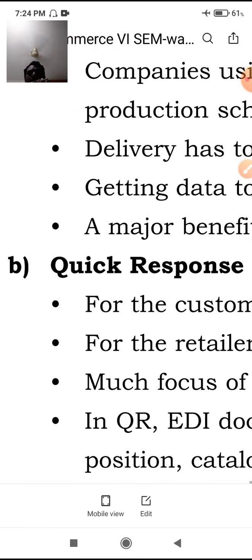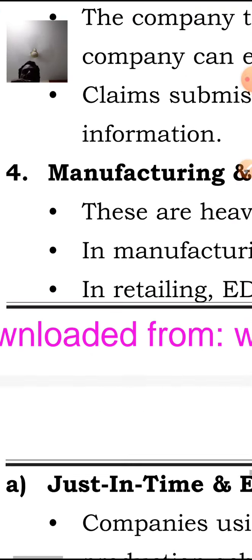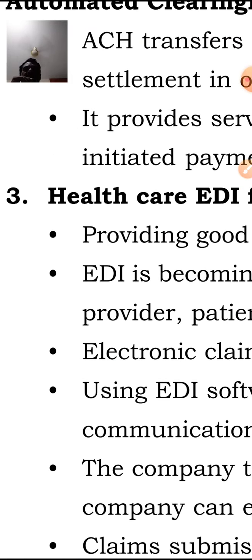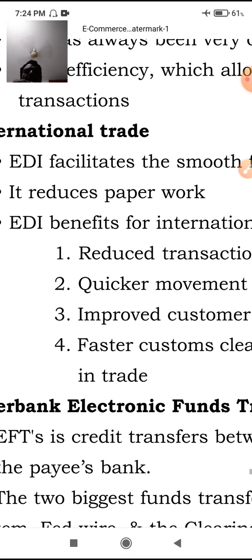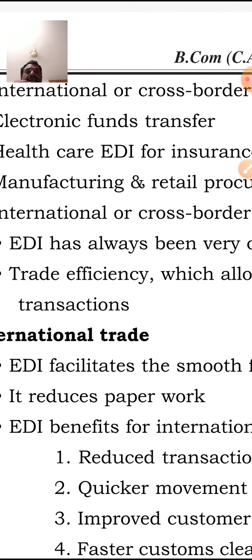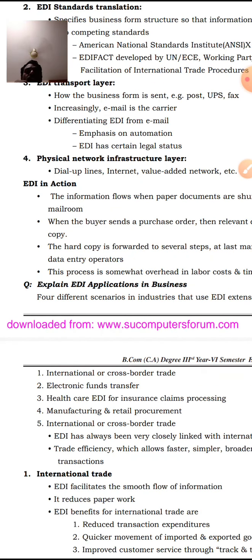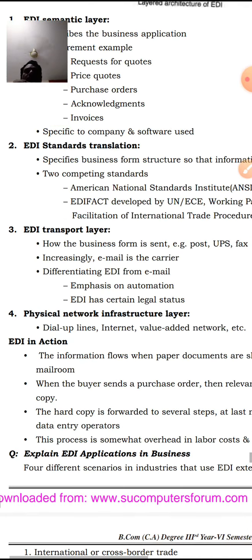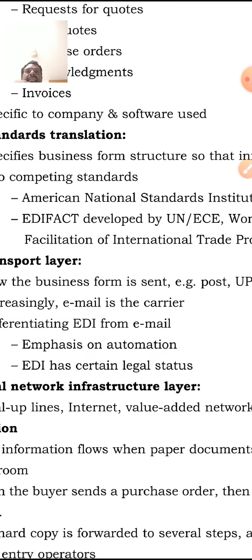One more thing we just discussed: ANSI X12 standardization, that is with the help of the American National Standards Institute's X12 standardization. One more standardization is EDIFACT.